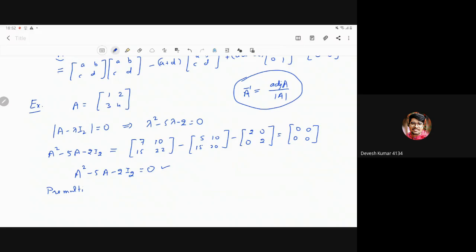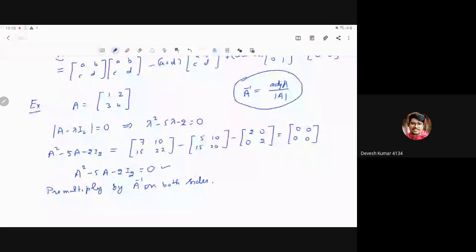Pre-multiply, or simply multiply by A inverse on both sides. See what you get. Both sides of this equation.